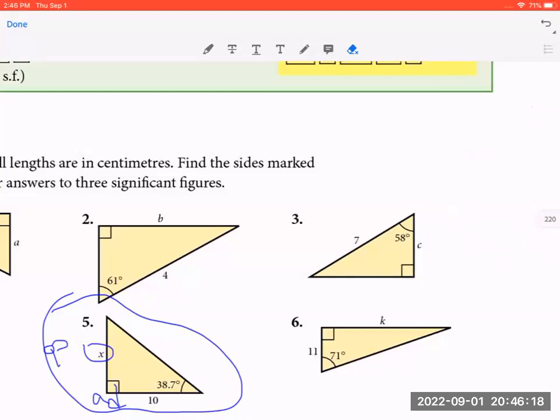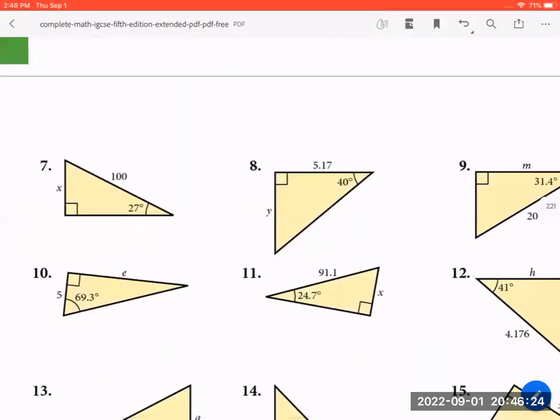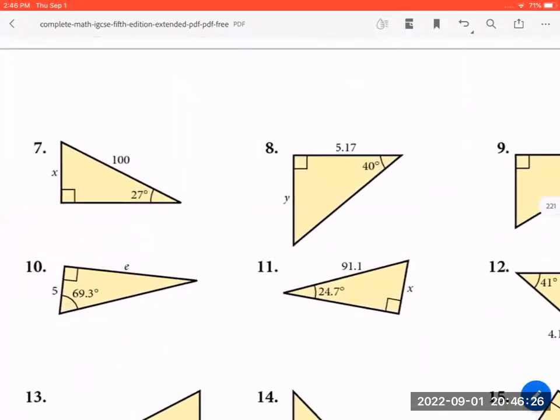Now go to question number 7, please. Take care. What is the given? What do you want to find? And which rule is the perfect?